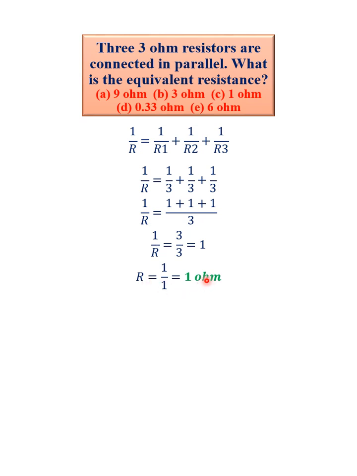Take note of something. The resistors that were connected in parallel are 3 ohms resistors, 3 ohms in 3 places. Now, the equivalent is giving us 1 ohm, which is less than 3 ohms. What it means is that the equivalent resistance of resistors connected in parallel will always give you a value that is less than any of the individual resistors.